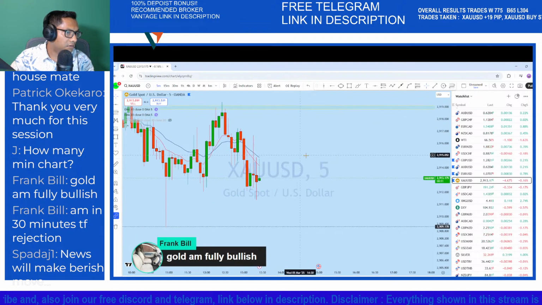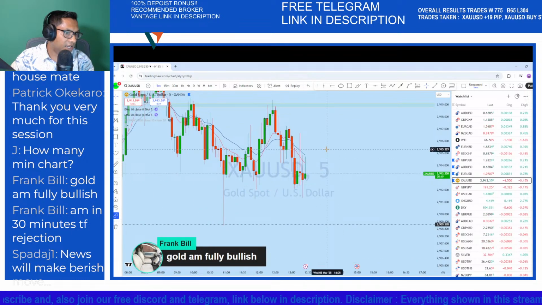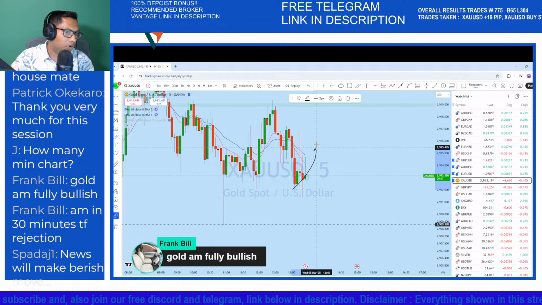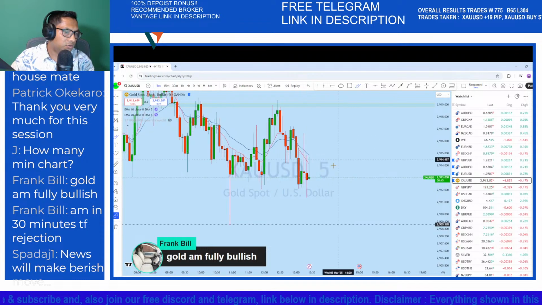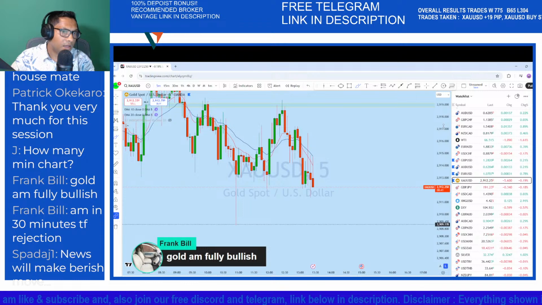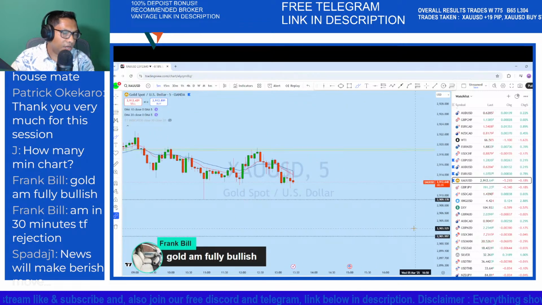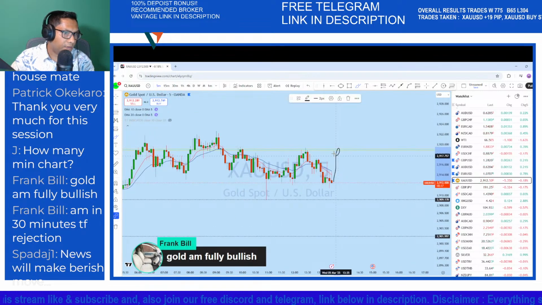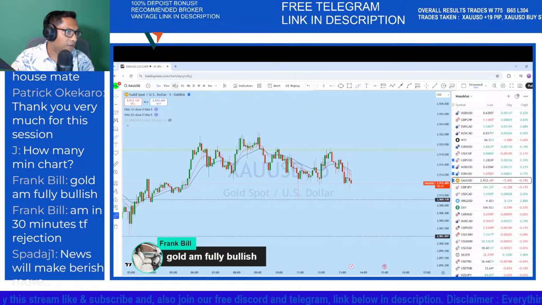And as we can see that it's forming a series of higher lows here, I would like to see the market break out, and with that breakout bounce back up to the resistance line where there is high liquidity.